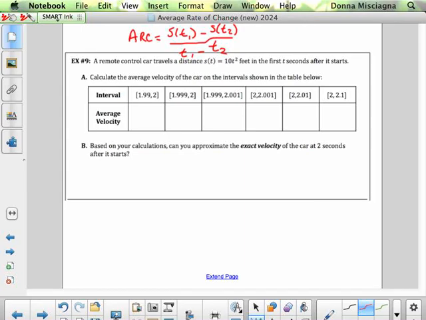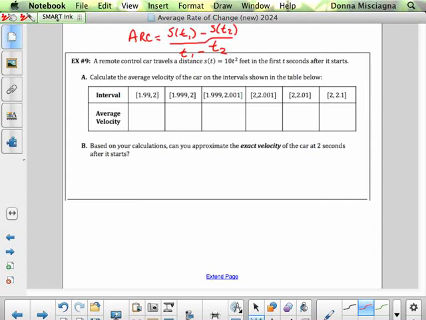Our purpose on this particular problem is to look at what happens as those values of t get closer and closer together, not necessarily to practice calculating average rate of change.